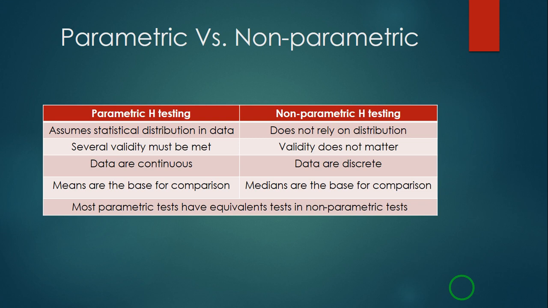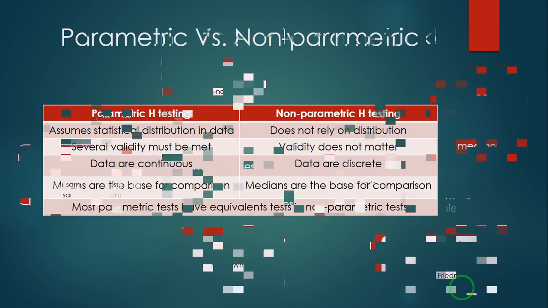And data are continuous in parametric tests. However, they are discrete in non-parametric ones. Another important point is that the base for comparison in parametric tests is means, and for the non-parametric tests, it is medians. And the last point is that most parametric tests have equivalent tests in non-parametric ones.